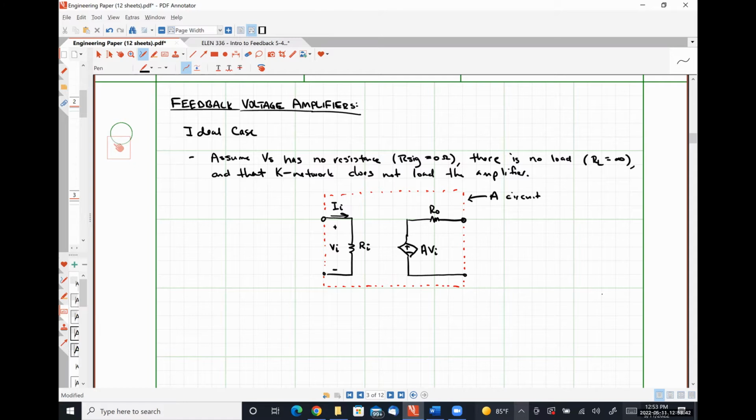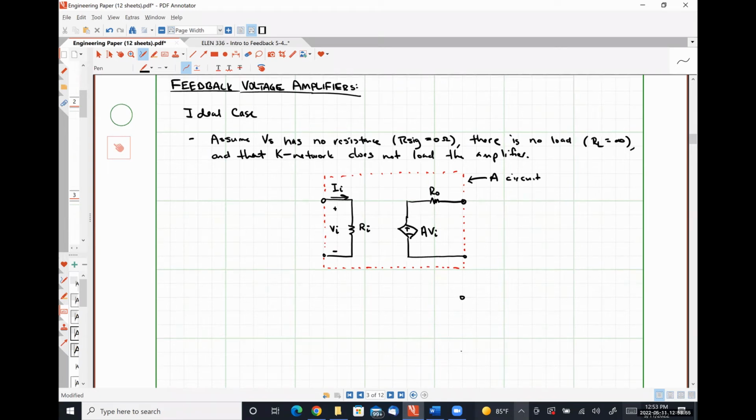So I'm going to represent that on the input side, here's that port 2 of my feedback network. And since I don't want it to load my amplifier, I'm going to represent that on this side with an open circuit.